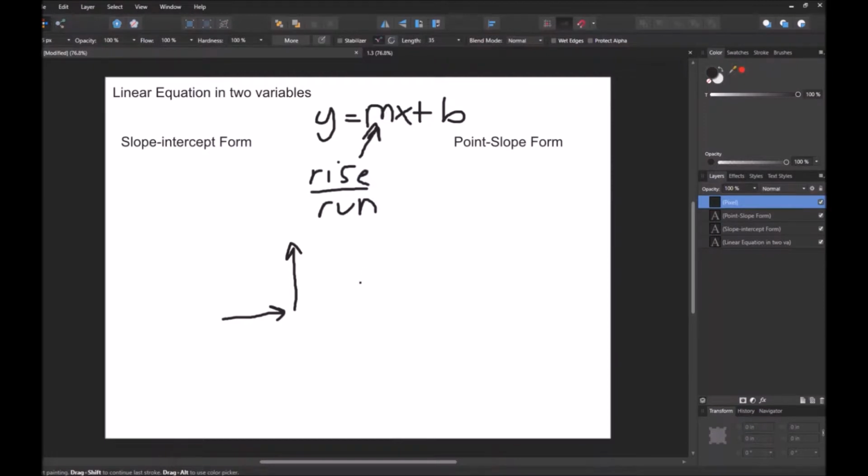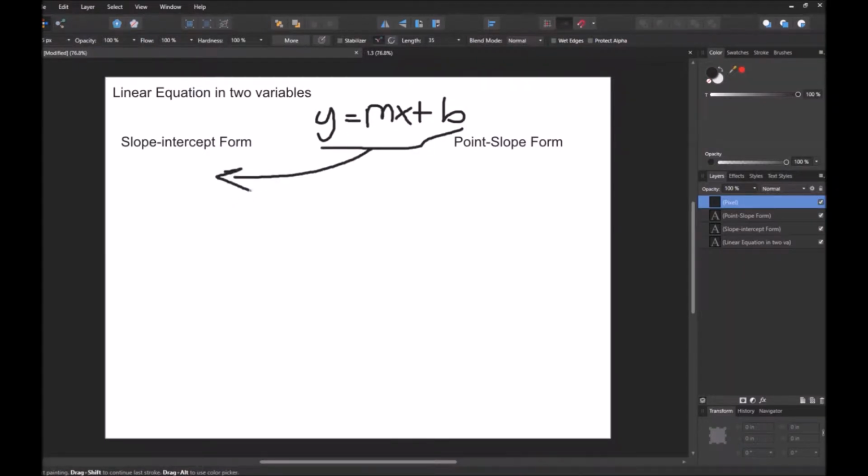Next, we're going to be talking about the slope-intercept form, which you see here, and this equation is actually slope-intercept form. So y equals mx plus b is the slope-intercept form of the equation of a line. And like I said, your m is your slope. So it's the rise over the run, the y over the x.